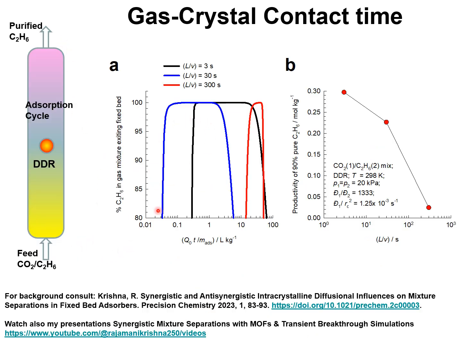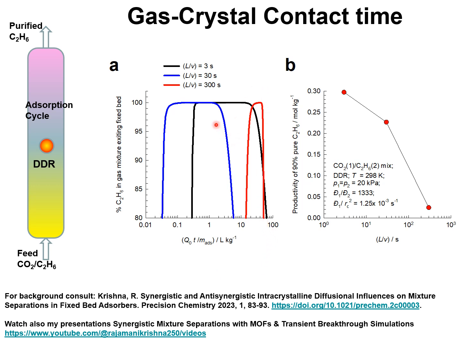In this graph, I plot the percentage of ethane in the gas mixture exiting the fixed bed for 3 different scenarios in which the diffusional time constant is held constant at a value of 1.25 × 10⁻³ and we have 3 different values for the contact time between the gas mixture and the crystallites of DDR zeolite.